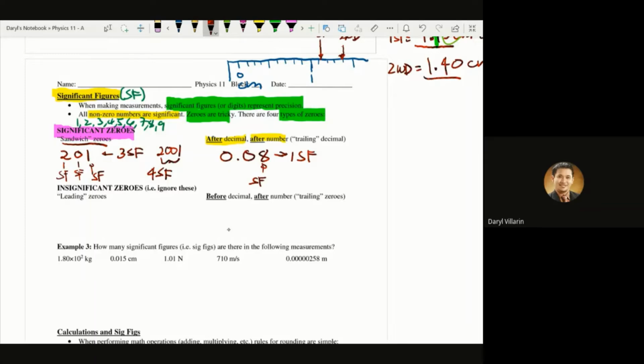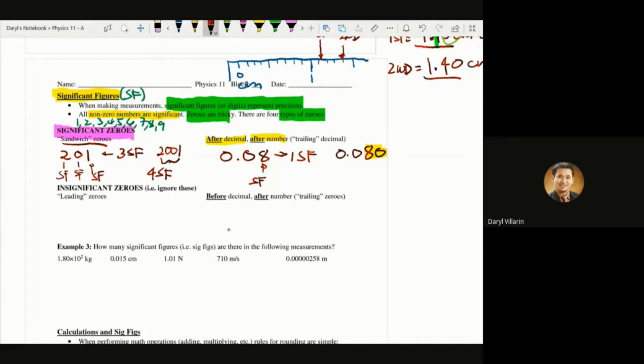If we have another example, 0.080, maybe some of you will wonder why the trouble of placing the 0 after 8? Well, the zeros in front are insignificant, but the zeros after the non-zero number are significant.